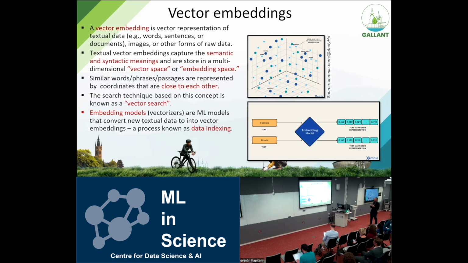Based on this concept, we can search for similar entities by measuring their distance using a vector search. This can be done using embedding models, which are specialized machine learning models that transform textual data into vector embeddings. By utilizing these vector embeddings, we can allow for more nuanced and contextualized data analysis.